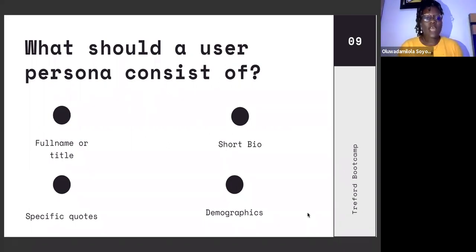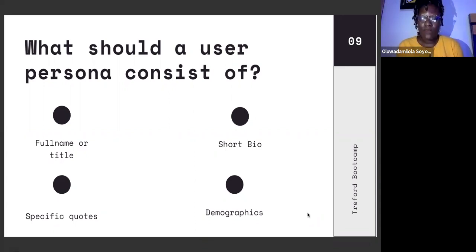All right, we have full name or title. Full name or title of the person is one important thing a user persona should consist of. You need to be specific about it. Create a name. You can even pick up a name from a real user that you interviewed or that was a part of your research.